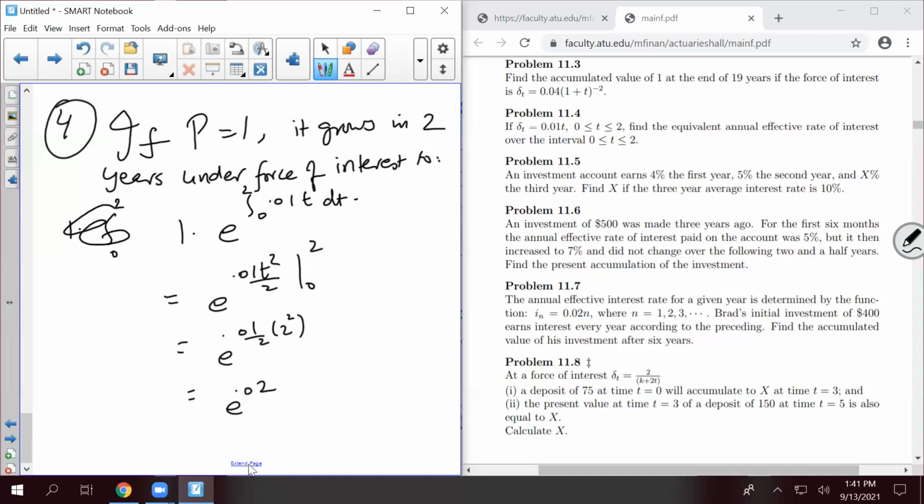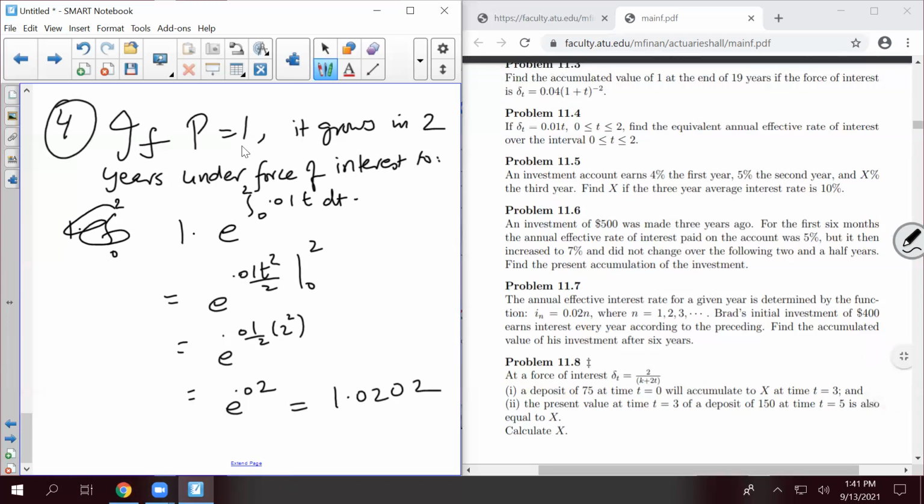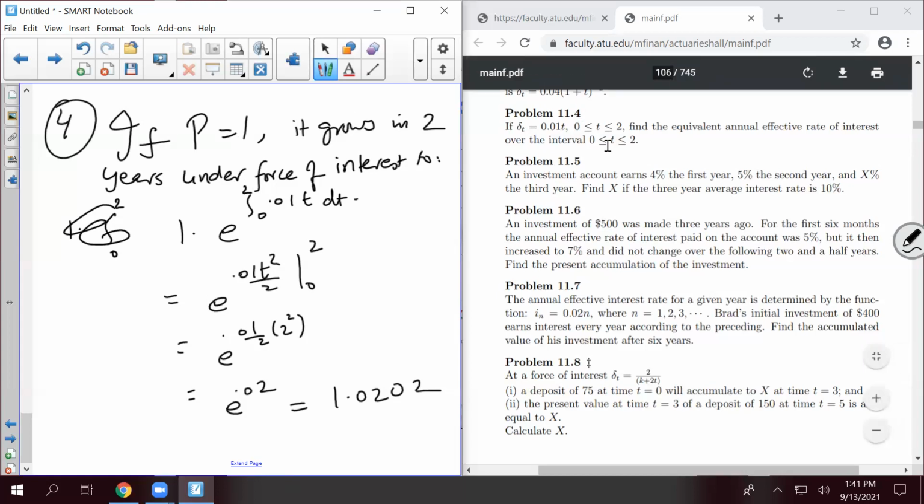So we agree that 1 grows to e to the power 0.02. So how much is e to the power 0.02? 1.0202. Okay, very good. And now the question is to find the equivalent annual effective rate. So let's see how much this 1 grows under an annual effective rate in these 2 years.